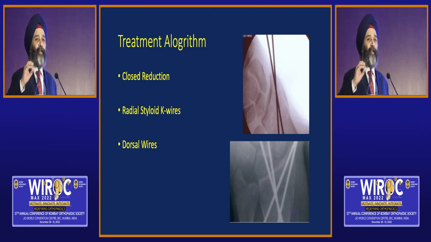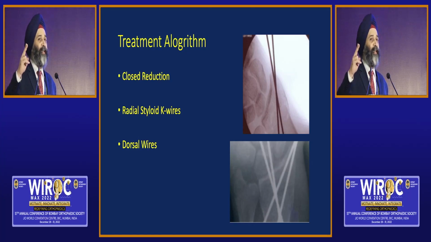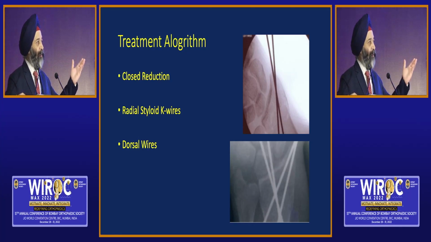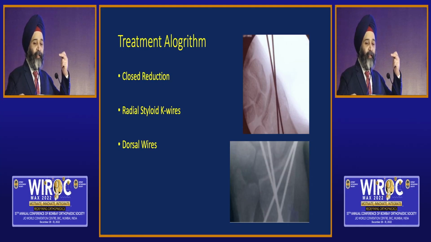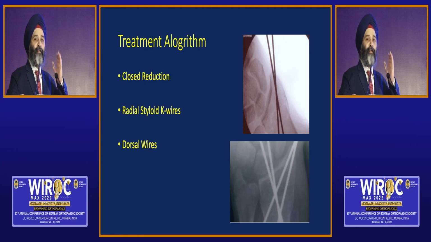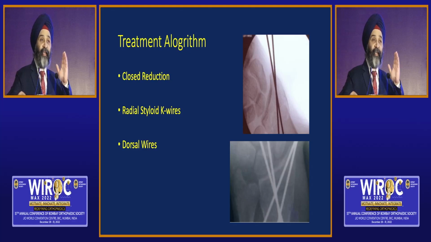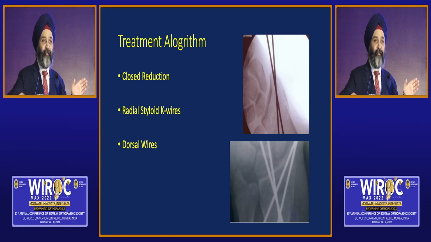Radial styloid wires, there are two methods of going with this procedure. Either you hold with the radial styloid, as you have seen the other faculty also, they put wires from the styloid first, hold on to the reduction, assess your reduction at every step. If it's displacing, it's not stable, abandon the procedure and go ahead with the plating.